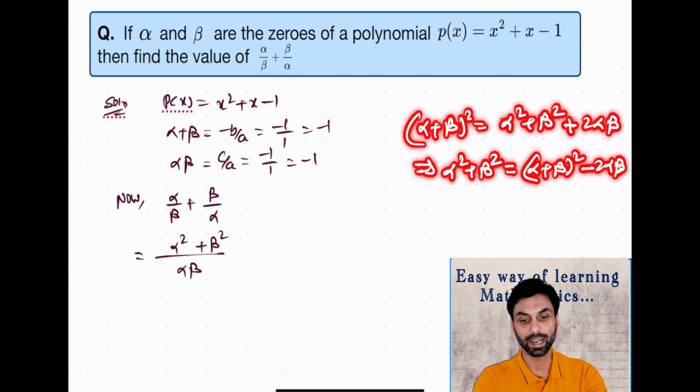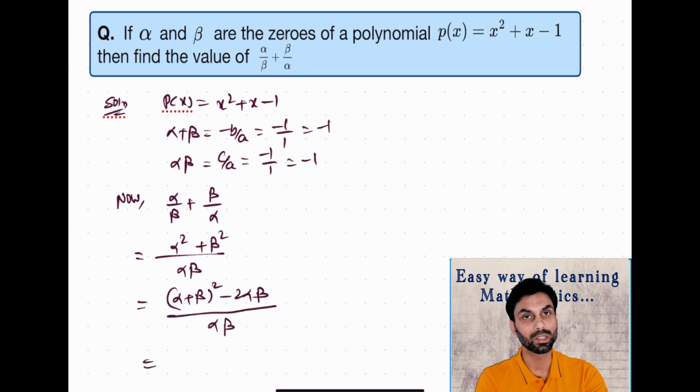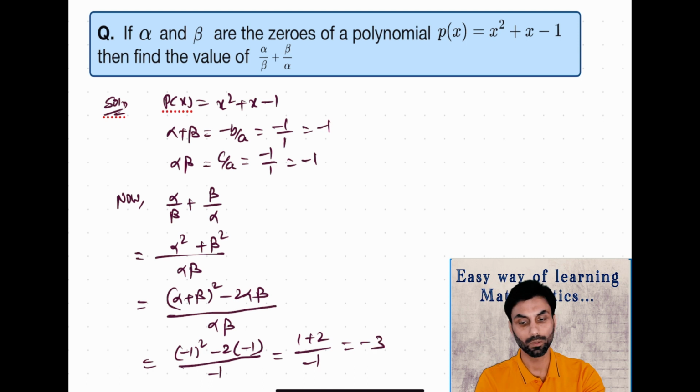On using that, we can write alpha plus beta whole square minus 2 alpha beta upon alpha beta. Now we can substitute the values of alpha plus beta and alpha into beta. We'll get minus 1 square minus 2 into minus 1 upon minus 1, which will give 1 plus 2 upon minus 1, that will be equal to minus 3.